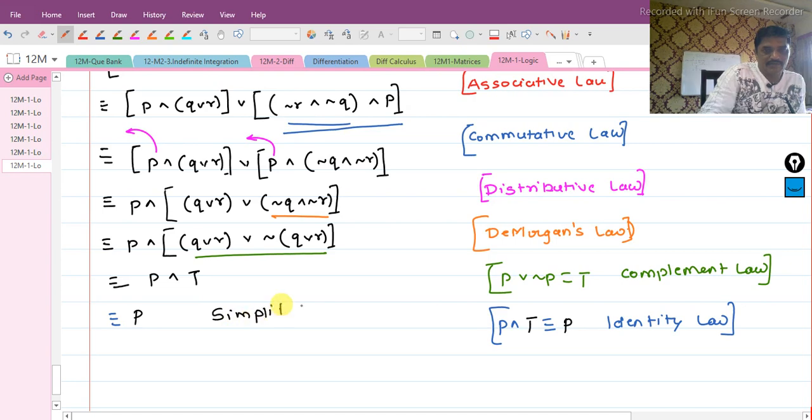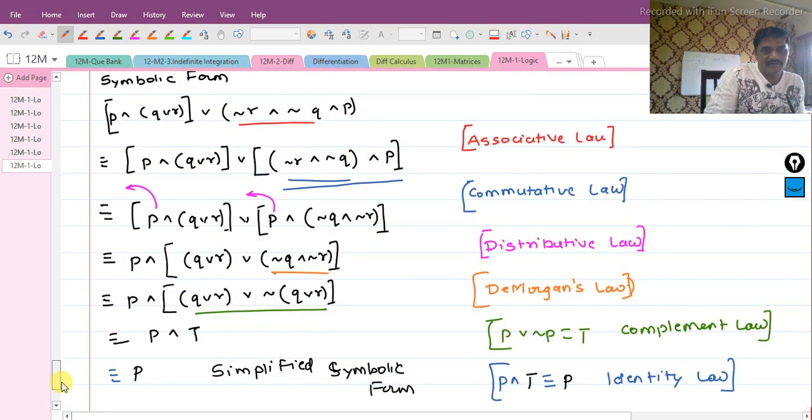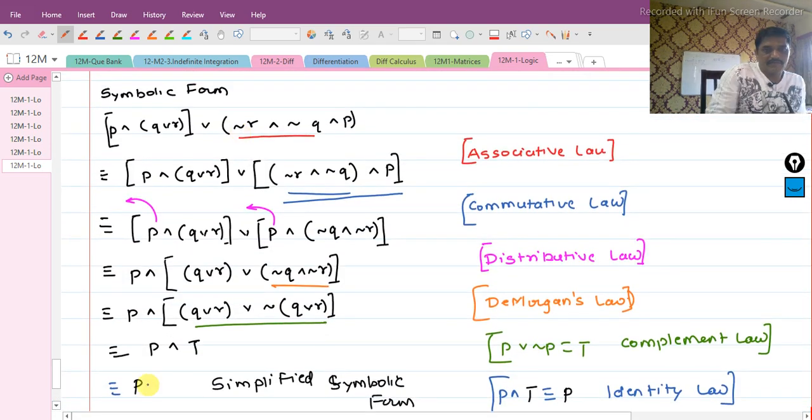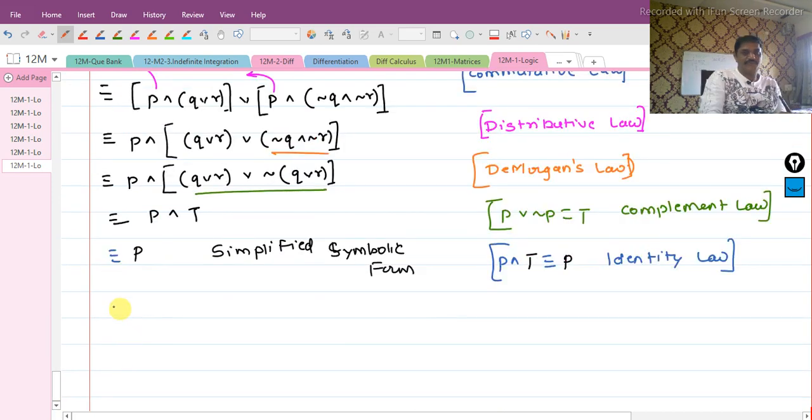We call this a simplified symbolic form. मतलब इसी ये जो गिवन स्टेटमेंट है, इसी का मतलब ये है. इट्स द सेम. सो इसका सिंप्लीफाइड सर्किट कैसे होगा बोलिए? सिंप्लीफाइड सर्किट इज गिवन बाय, इट्स ओनली वन स्विच S1, Lamp.